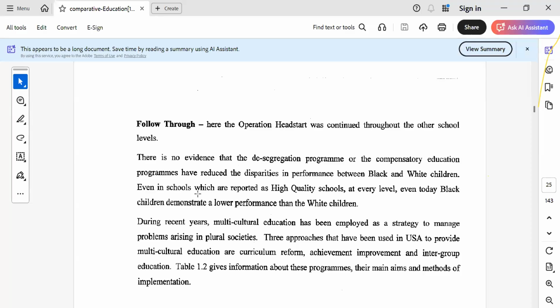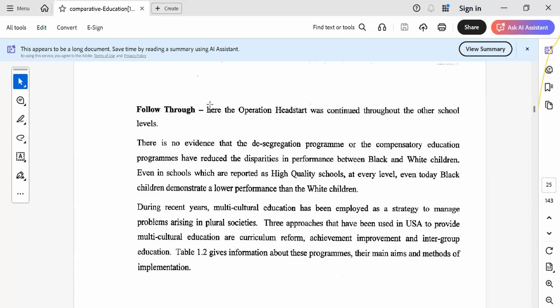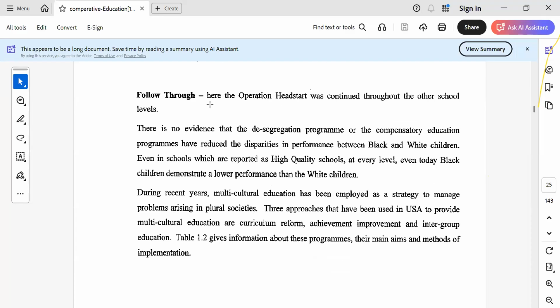So now, of course, America is appreciating the multi-ethnic classrooms, right? So they are giving so many facilities for multi-ethnic societies, right? So they are thinking the multi-ethnic classroom is an asset for them.